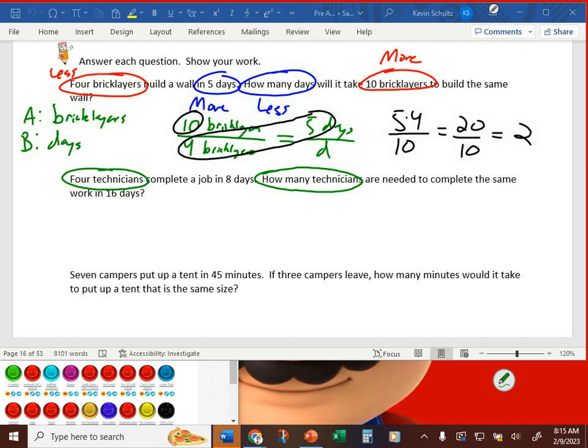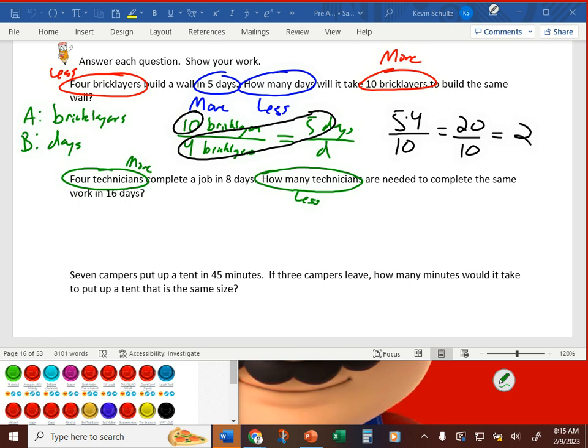The 4 technicians will be more, because fewer people will take longer. 4 in 8 days. If it takes 16 days for the same amount of work, and that's why it's important here, same work, it's going to be less people working on it. So 4 technicians is the more. How many technicians is the less.